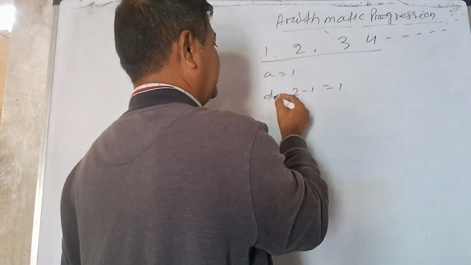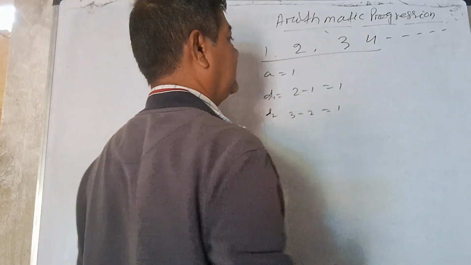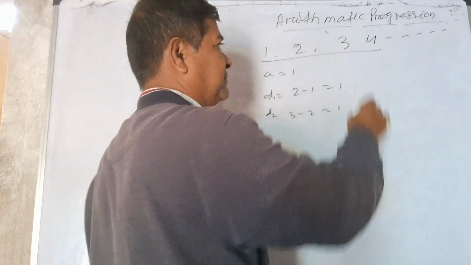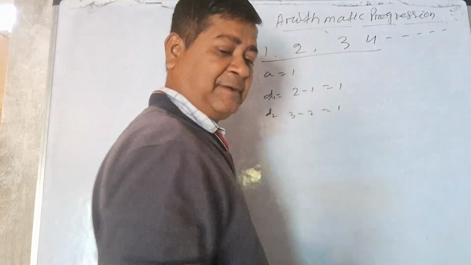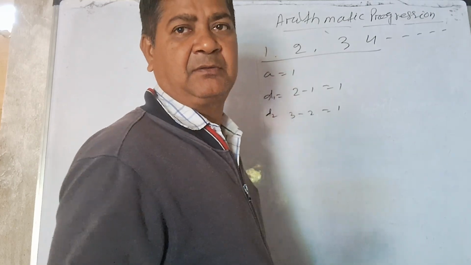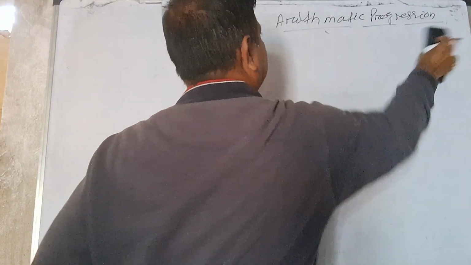Similarly, d2 equals 3 minus 2 equals 1, d3 is 4 minus 3, 1. That means it is in AP. The short form of arithmetic progression is AP.